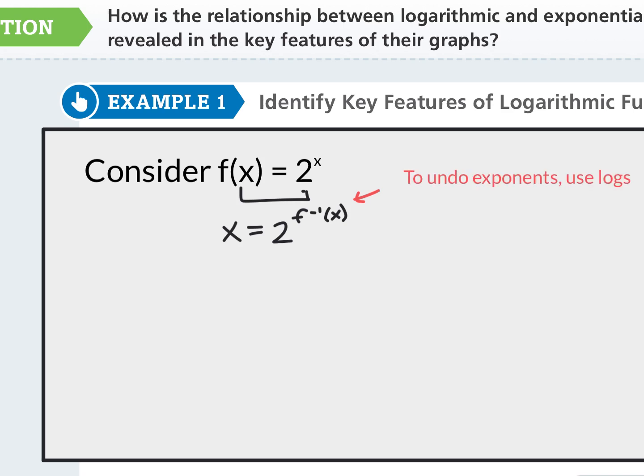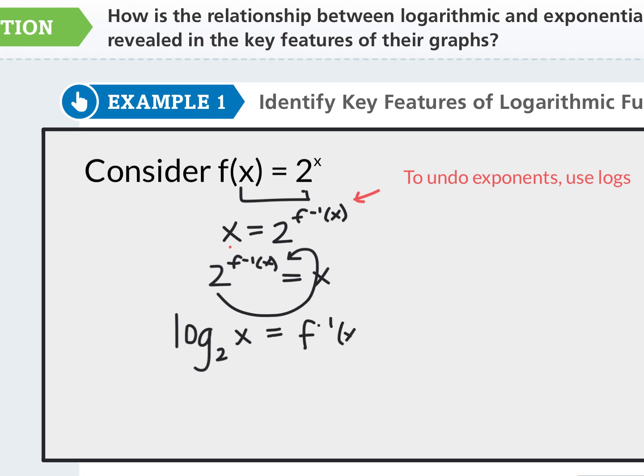And one thing we need to remember is that when we use logs, we generally want the base to be on the left. So I'm going to rewrite this first as 2 to the inverse equals x. So now I can do my little log loop, and this is going to say log base 2 of x equals the inverse. All right, so I can see that these two functions are inverses of each other.